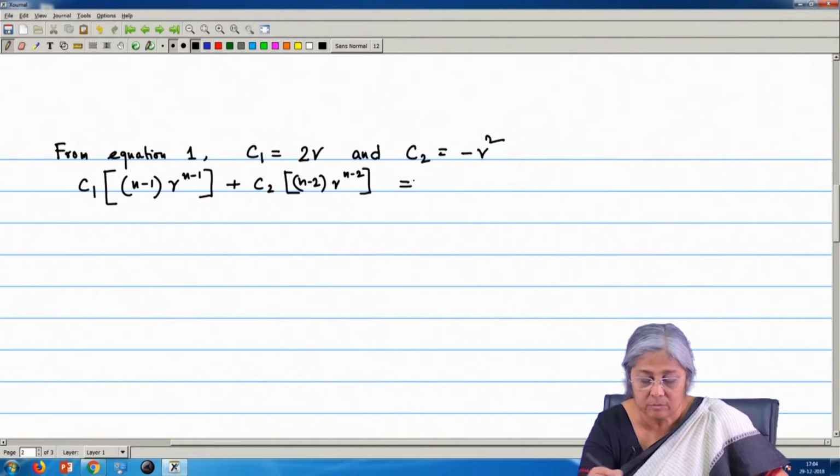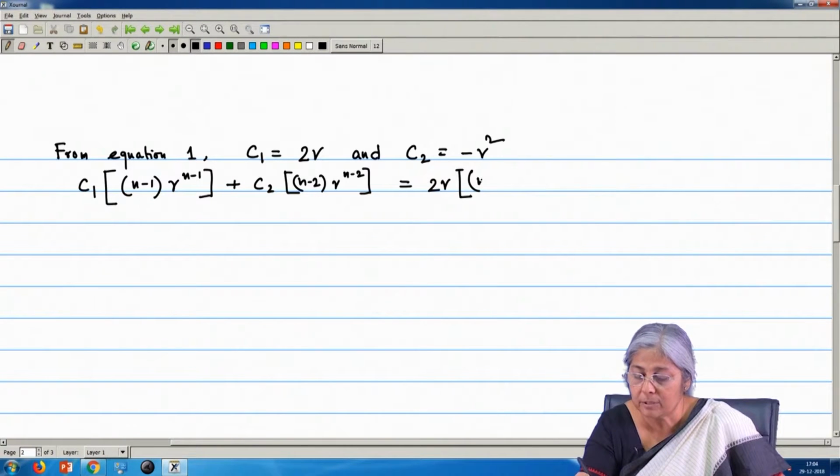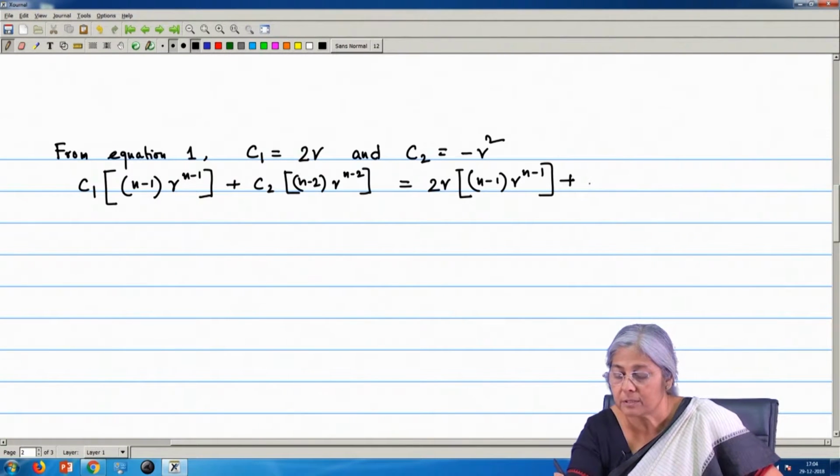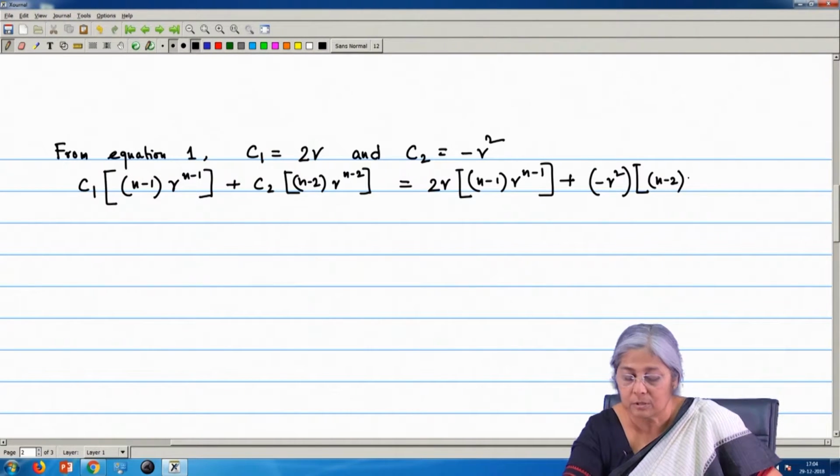We put the values of C1 and C2, so this is equal to 2 r times n minus 1 r to the power n minus 1 plus minus r square times n minus 2 r to the power n minus 2.